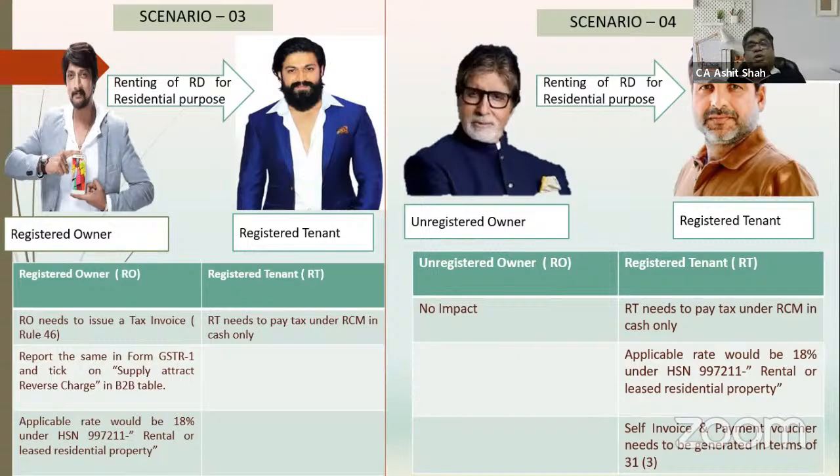So in the registered tenant's GSTR-2B, it will directly come that yes, on this the tax liability under reverse charge mechanism has to be paid, and it will be there in his 3B. Correct? That we will see later when we come to the filing of return GSTR-3B. Then the applicable rate would be 18% under HSN 997211, renting of leased residential property.